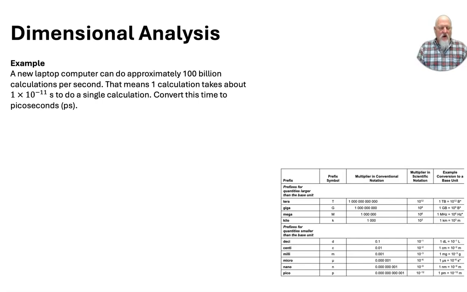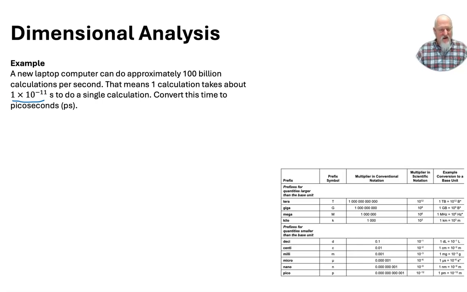A new laptop computer can do approximately 1 billion calculations per second. That means one calculation takes about 1 times 10 to the negative 11 seconds. Convert this time into picoseconds.